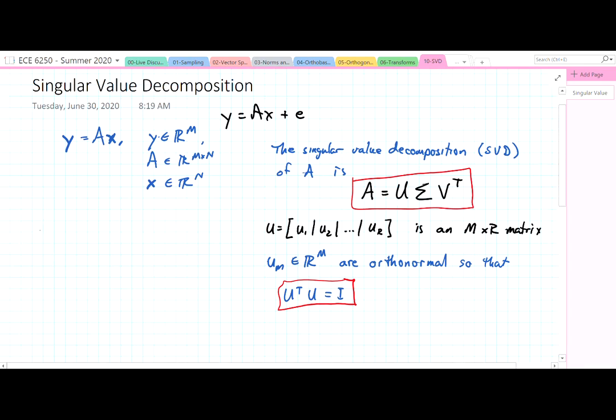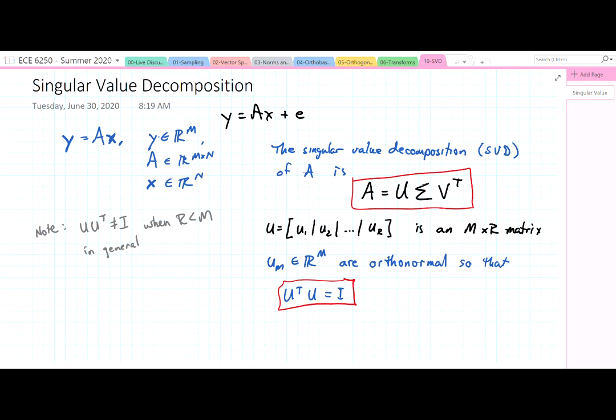One thing to note is that U U transpose does not equal I when R is less than M, in general. In that case we would get something larger.